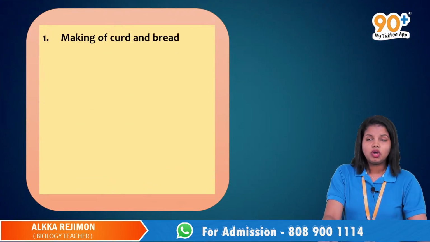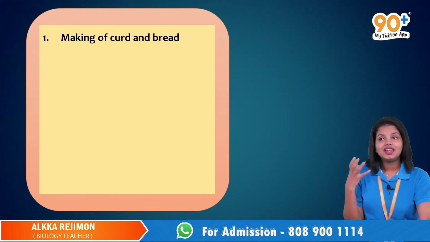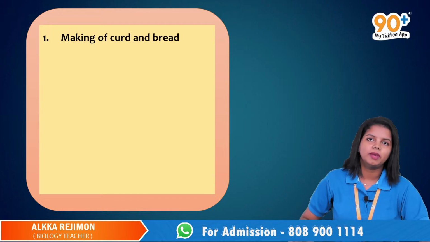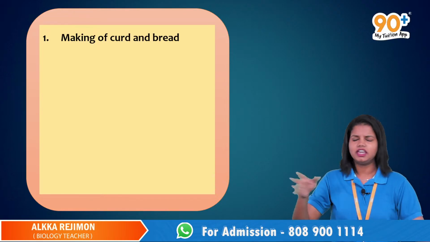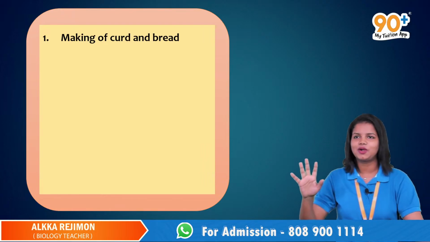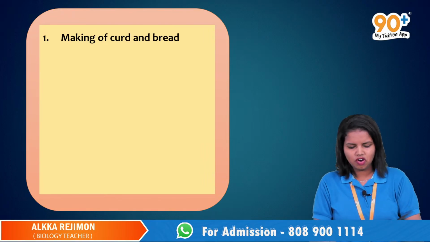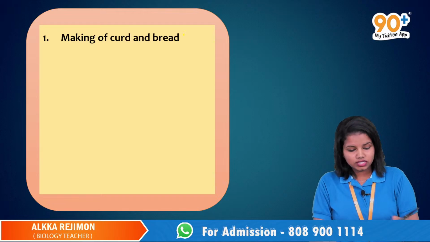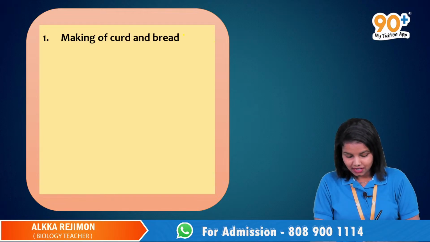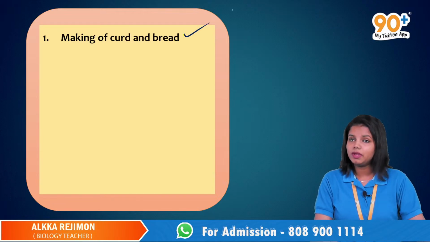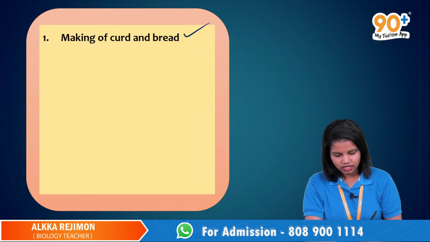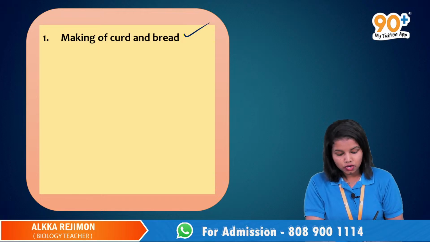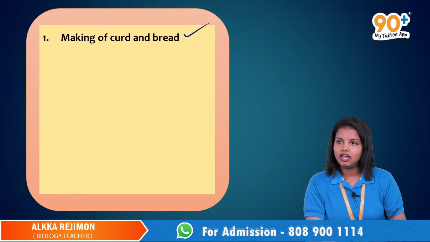And what are the uses or friendly purposes of microbes? You can be writing a whole essay on this topic. The first use, we have already learned the usage of microbes in making curd and bread. Do you remember it? In the case of curd, lactobacillus is the bacteria.